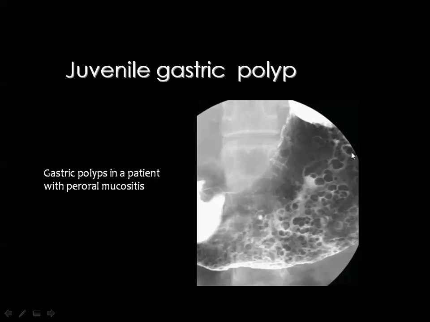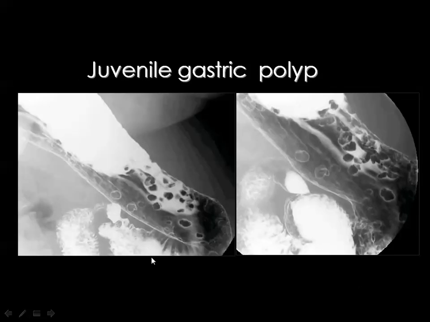Polyps means multiple lesions that produce filling defects in the stomach or the gastrointestinal tract, and in children it's common. The common polyps seen here are juvenile polyps, which are usually of benign hyperplastic type. This is a good example of multiple polyps in the stomach. In the barium-filled areas, they appear as filling defects.